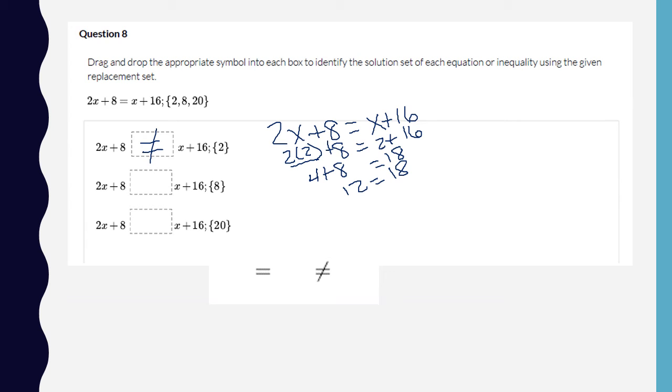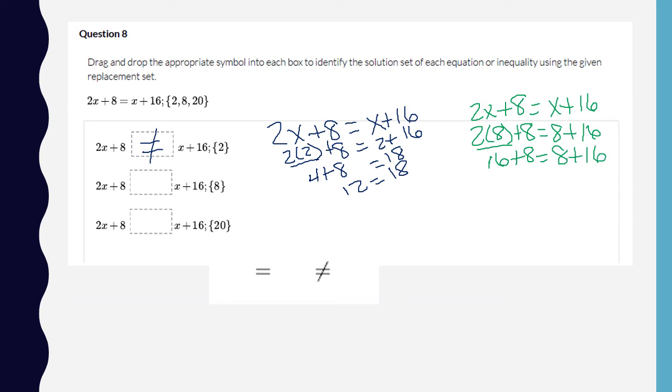Then we're going to look at the second one. We've got 2x plus 8 equals x plus 16, and I'm plugging in 8 this time. So 2 times 8 is 16, and 16 plus 8 is 24, and 8 plus 16 is 24. So this one's true.